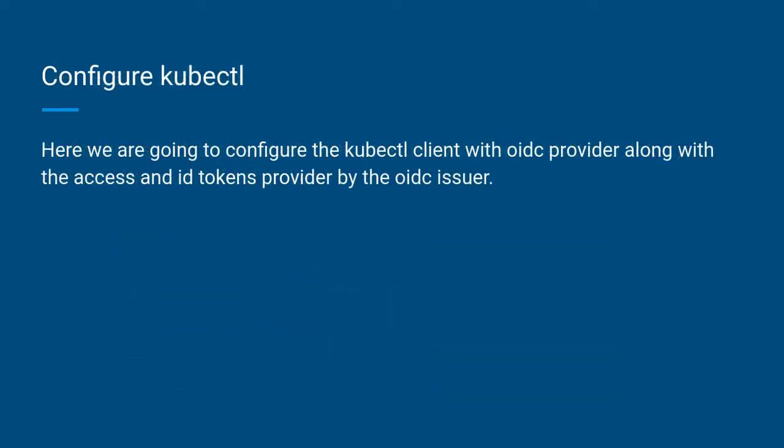So once we have our JWT tokens available, the ID token, refresh token, and access token, we need to configure our kubectl in such a way that we can authenticate with the identity provider, and we can send the request to the Kubernetes API server with the JWT tokens, which we are going to configure in the kubectl. Okay.